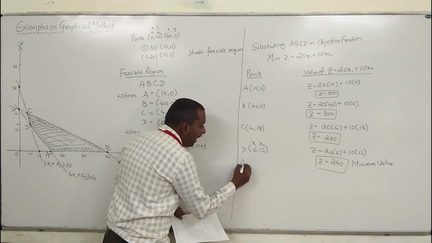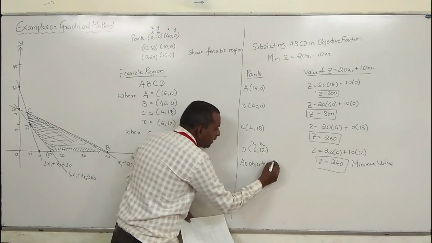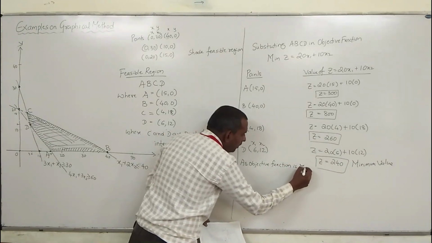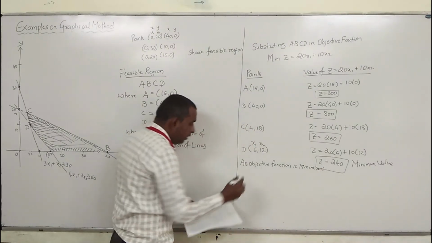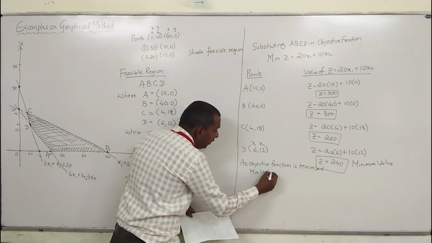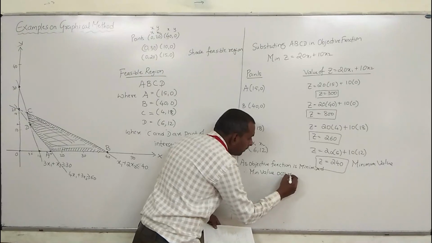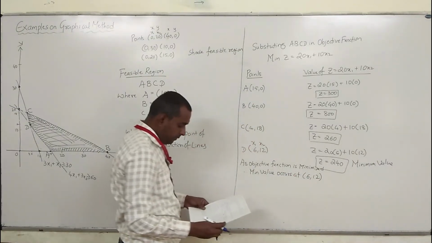So let me write: as the objective function is minimized, therefore the min value occurs at 6, 12.